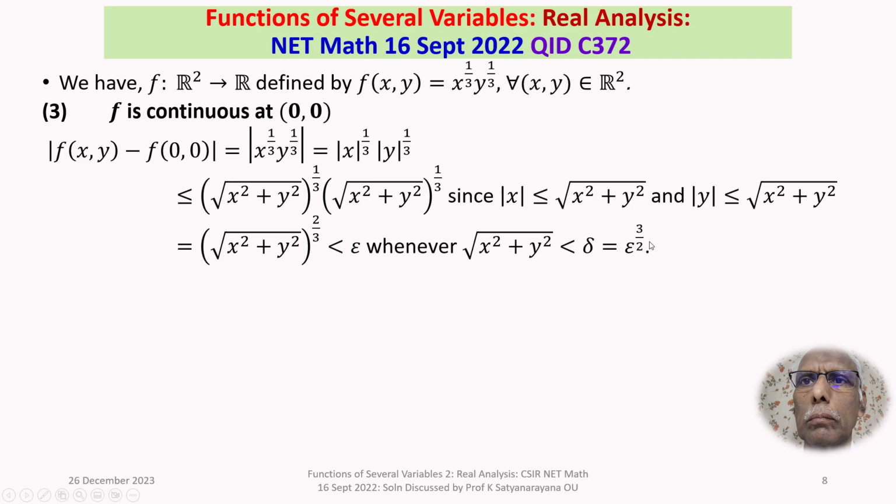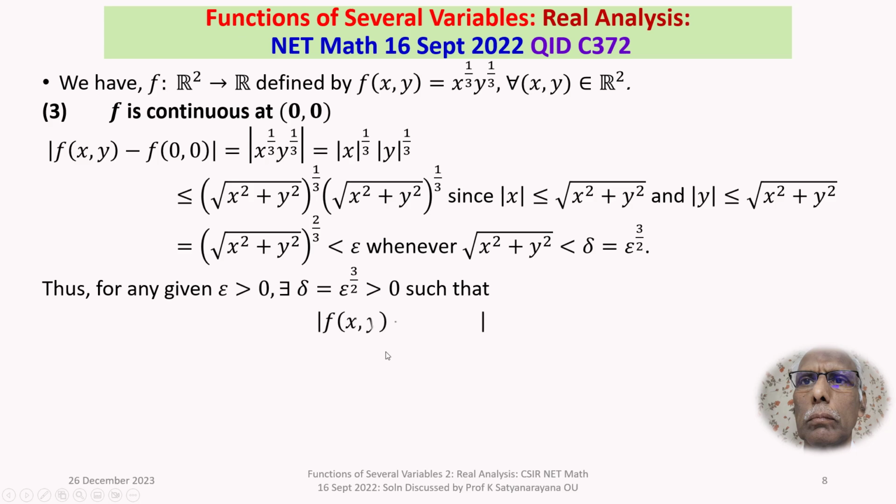Thus, for any given epsilon greater than 0, there exists a delta, that is epsilon to the power of 3/2 greater than 0, such that modulus of f(x, y) minus f(0, 0) is less than epsilon whenever square root of x squared plus y squared is less than delta. This means the limit exists.